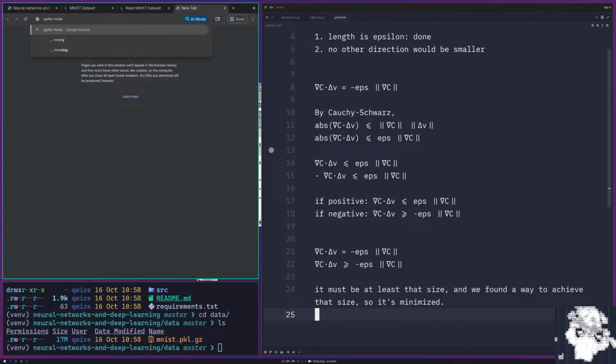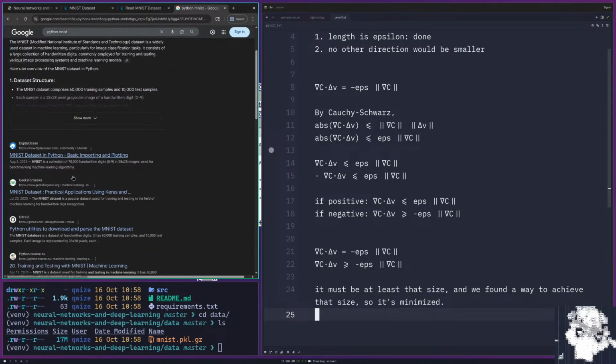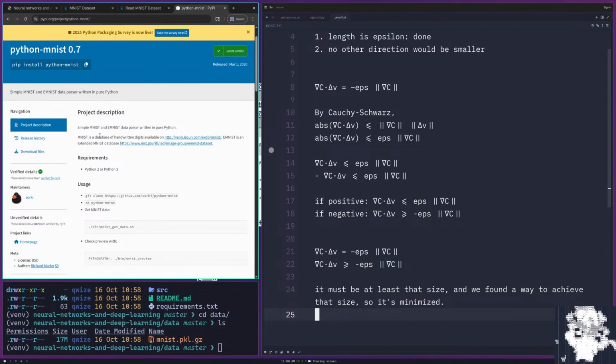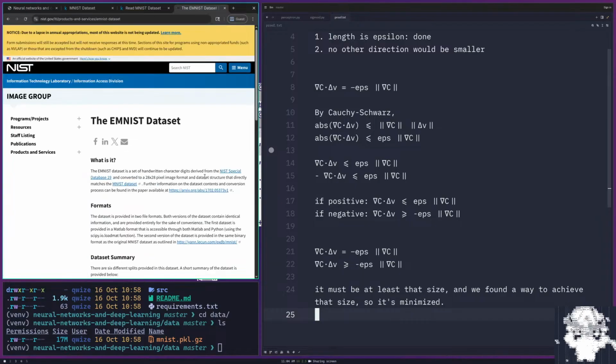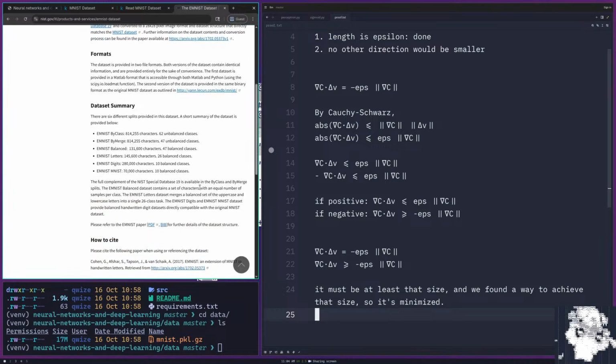Python MNIST, there was that library we saw. But what is this? Is eMNIST, an extended MNIST database. It has letters and digits and stuff. It looks like it has the original 70,000.